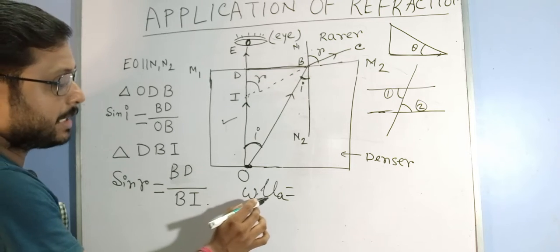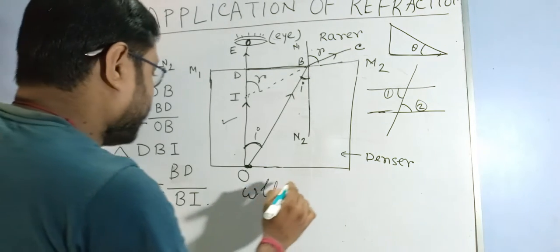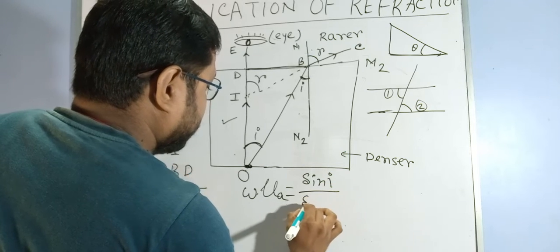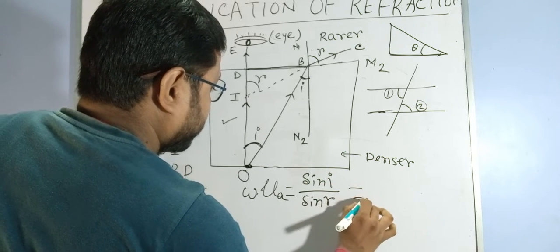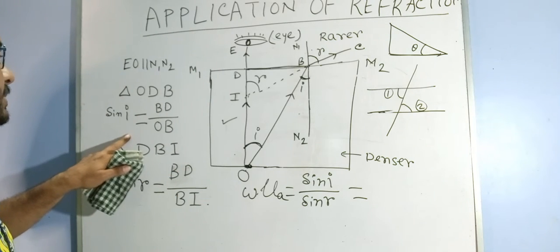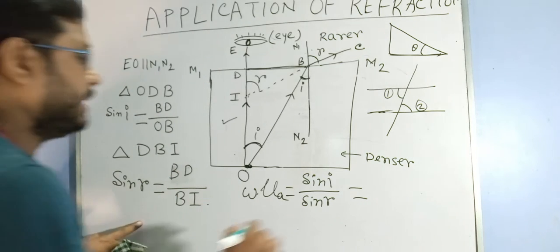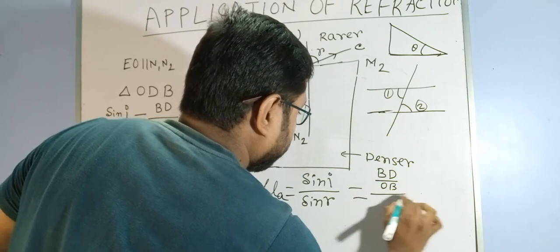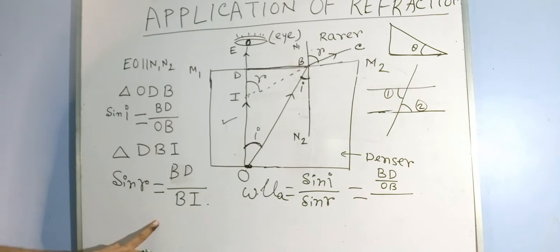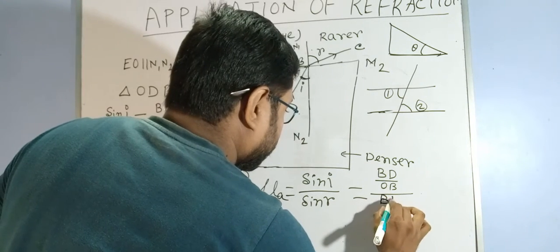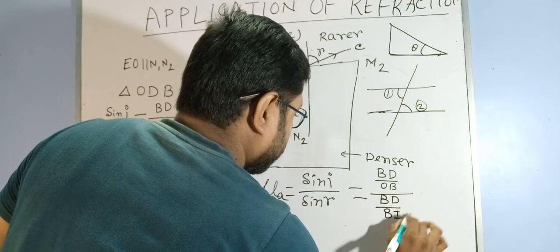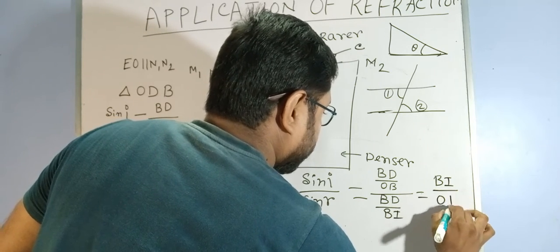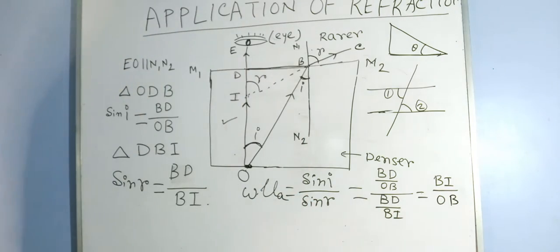So we write W mu A is equal to sin I by sin R, Snell's law. Putting the values of sin I and sin R, BD by OB divided by BD by BI, BD and BD cancel out, so we finally get BI by OB.